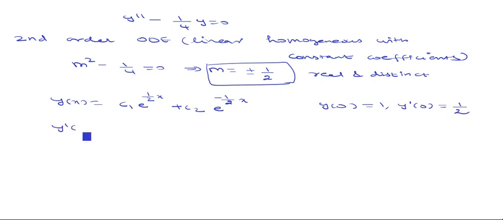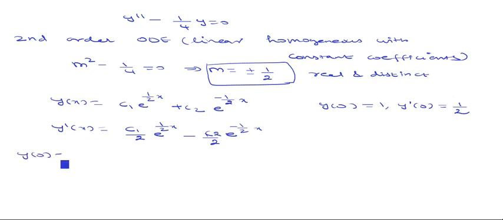So we will find y dash of x. Differentiating e power 1 by 2 x gives half times e power 1 by 2 x, so y dash of x equals c1 by 2 e power 1 by 2 x minus c2 by 2 e power minus 1 by 2 x.